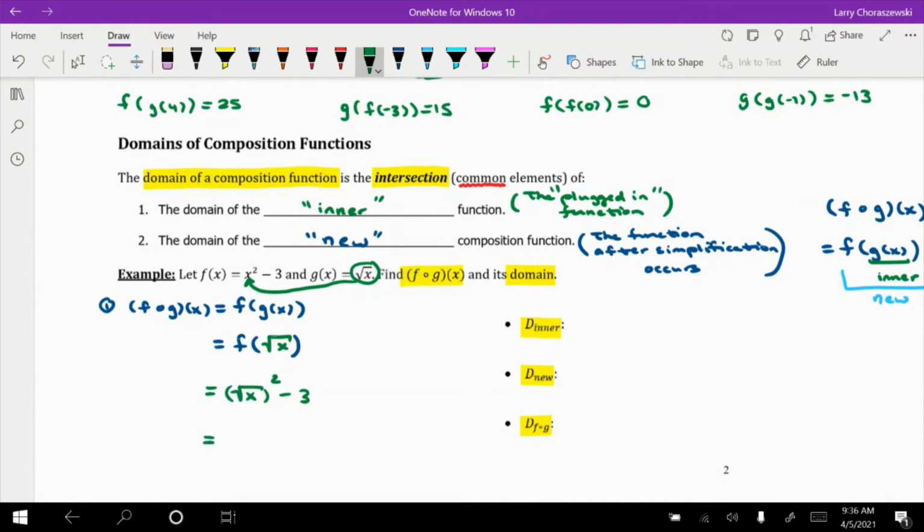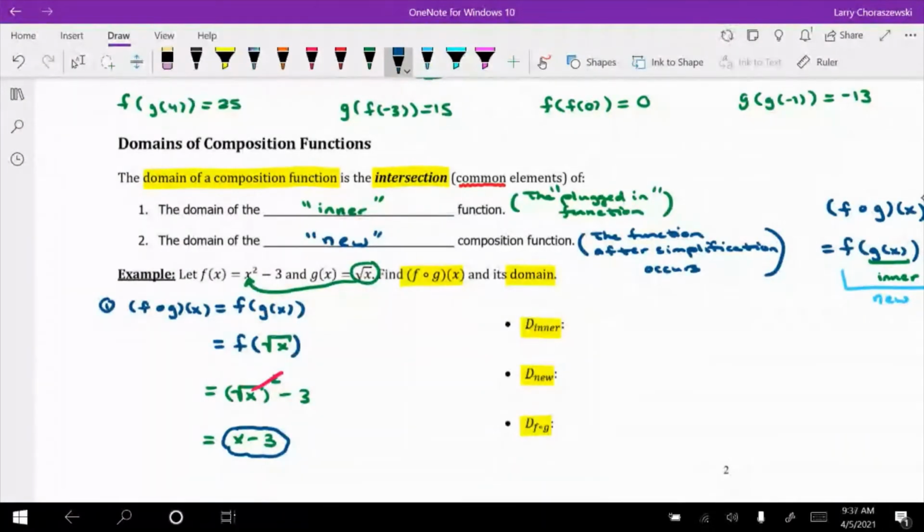And this will simplify. Does anybody want to comment as to how this will simplify? Yep, so the square root and the power of 2 cancel out. And we're going to be left behind with x minus 3. So this is our composition function expression.